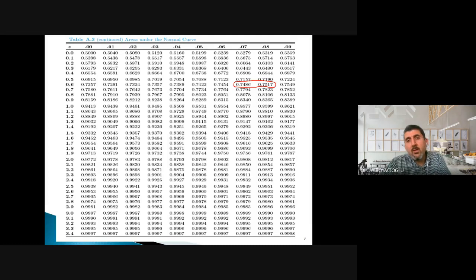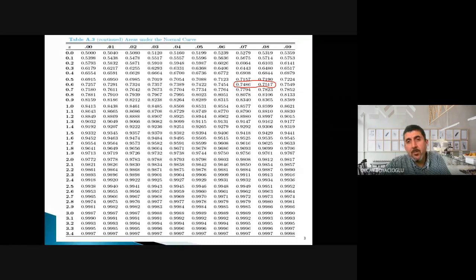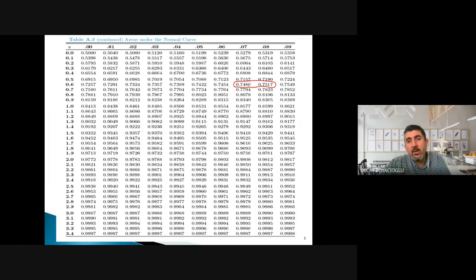One of them is 7486. The other one is 7517. Both of them are almost equal distance from 7500. This is like 14 units farther or shorter, and this is 17 units more.